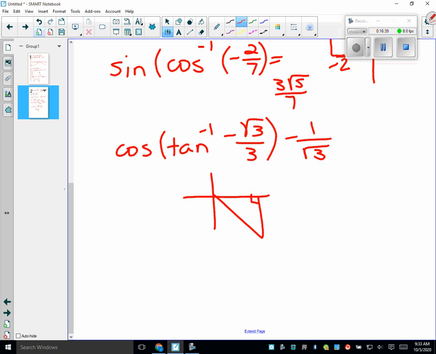Isn't tangent opposite over adjacent? So this is negative 1. This is radical 3. What is my hypotenuse? 2.